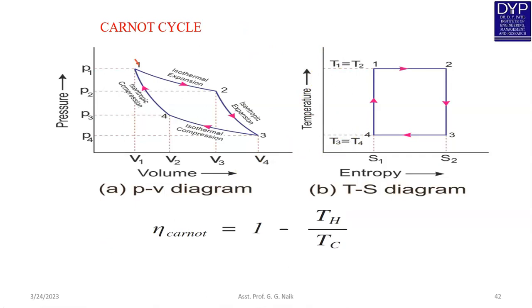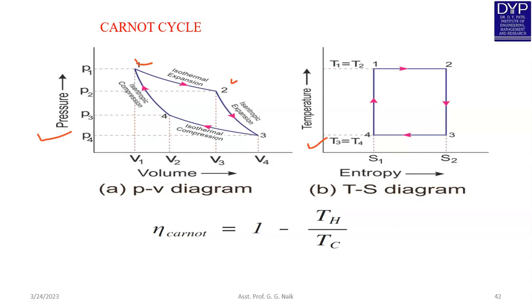So here 1 to 2 indicates the isothermal expansion process. 2 to 3 process is the isentropic expansion process. 3 to 4 is the isothermal compression process, and 4 to 1 is the isentropic compression process. Okay, so these are the 4 processes involved in the Carnot cycle. This is the pressure volume diagram, and this is the temperature entropy diagram, that is the T-S diagram.